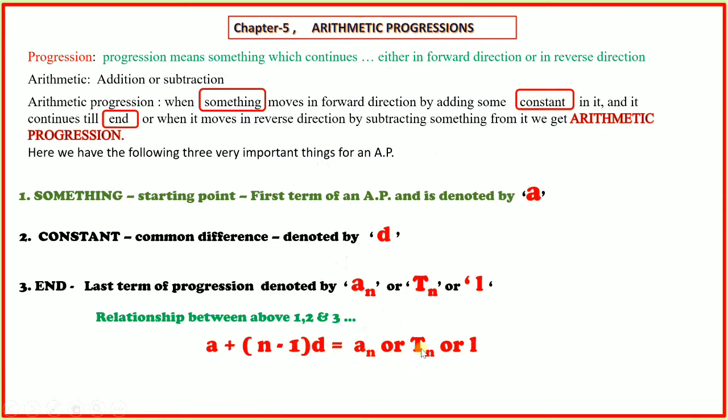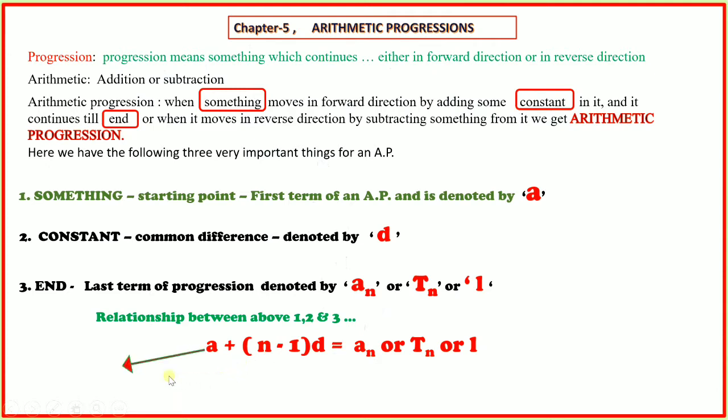In some books the last term is denoted by t_n, while in other books it is denoted by a_n, so you should not be confused. t_n means term, a_n is also a term, and l is also a term. All three denote the last term of an AP. This is a very important formula: a plus (n minus 1) d is equal to the last term. With this formula we will be solving many questions in this chapter.